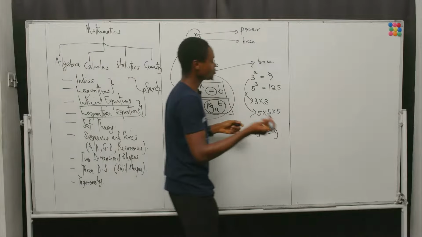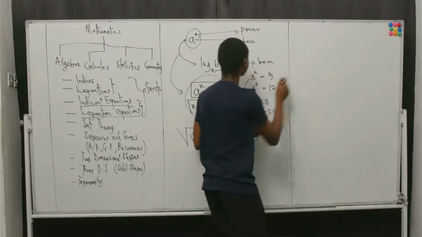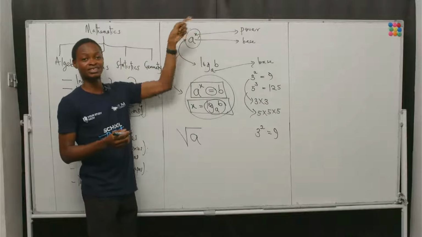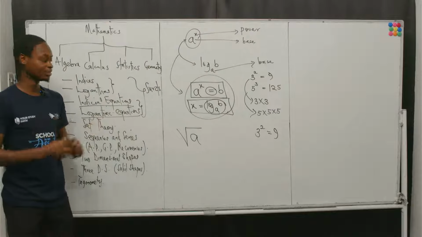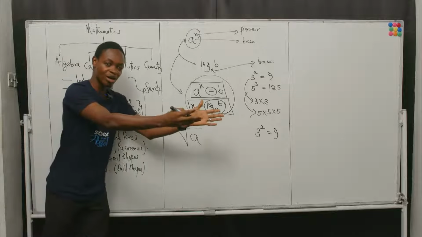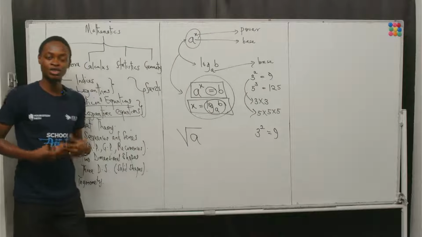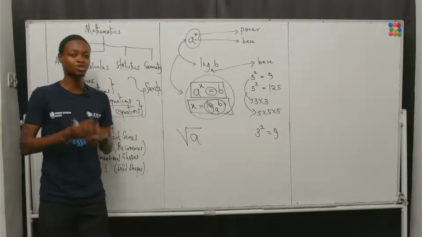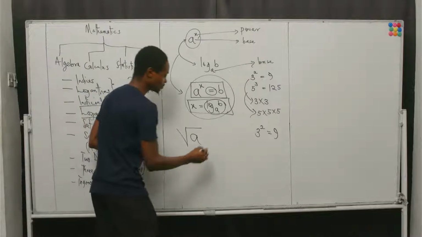Now, it means that if you have a as the base raised to the power of x, where x can be anything, it means that x can also either be a normal number, that's a whole number, or it can be a negative whole number, or it can even be a fraction. Let's see what that means.